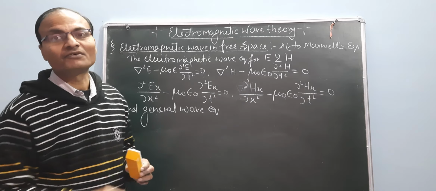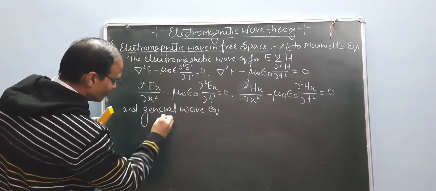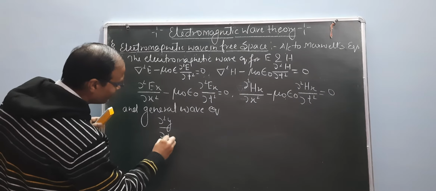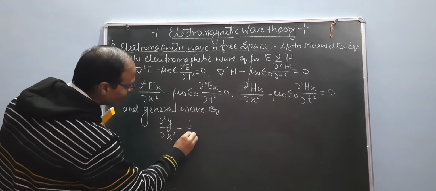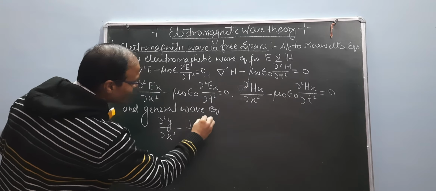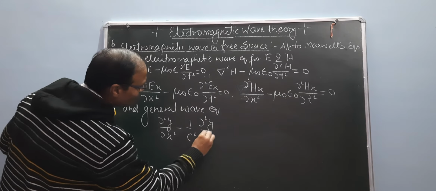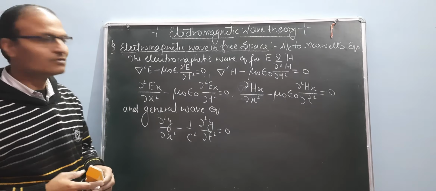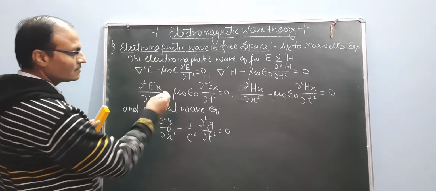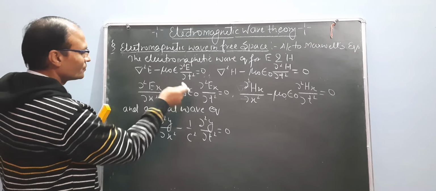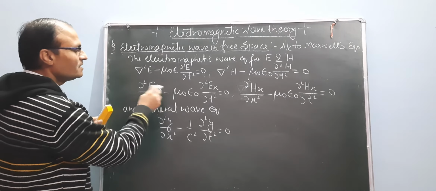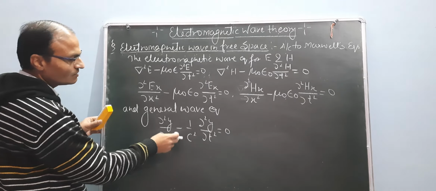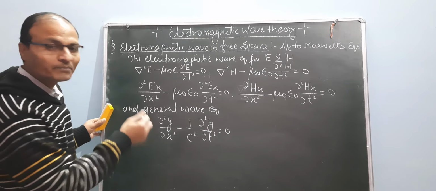This is the general wave equation. So, compare this equation to the other. This is the Cartesian Ex one-dimension equation and this is the general wave equation. So, compare these equations.